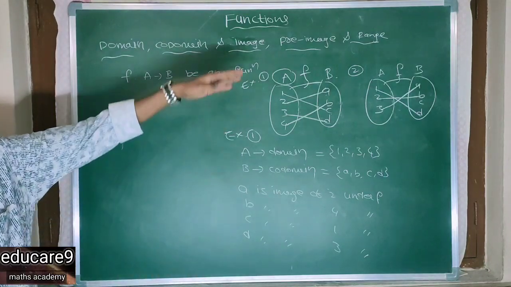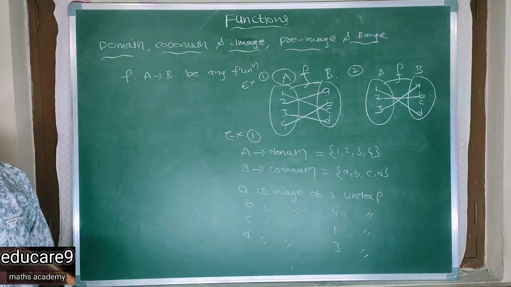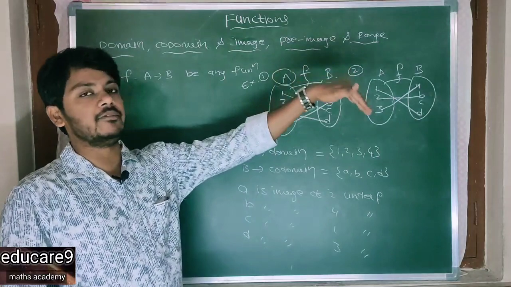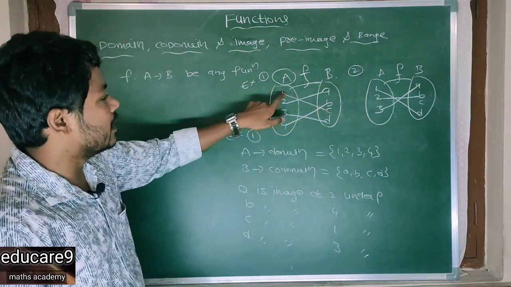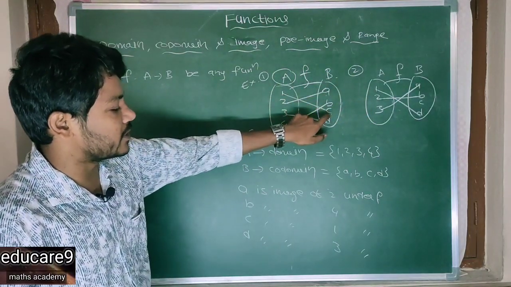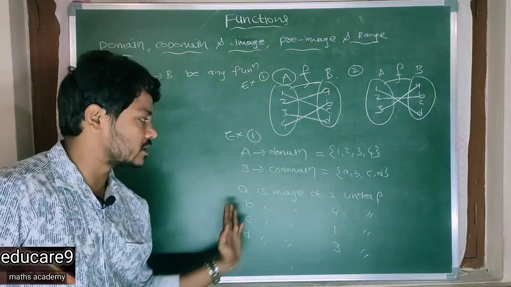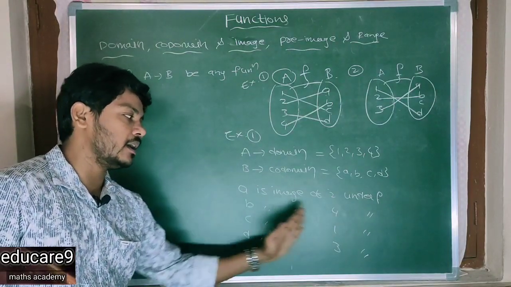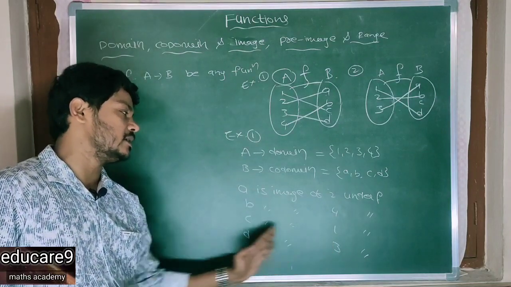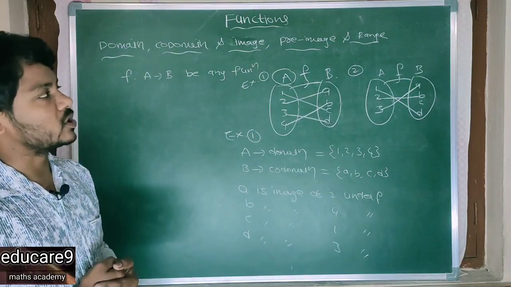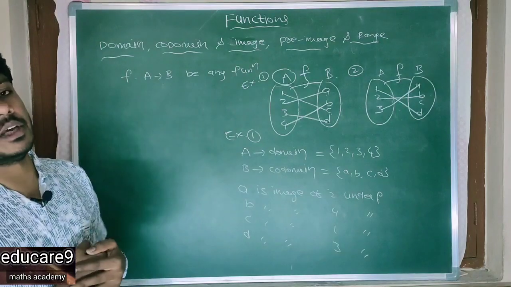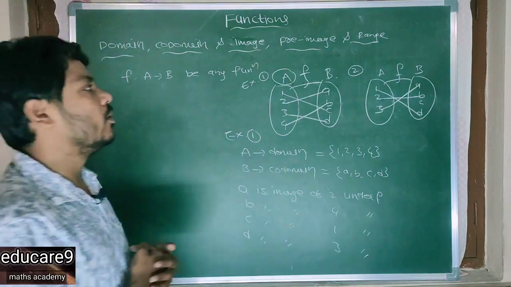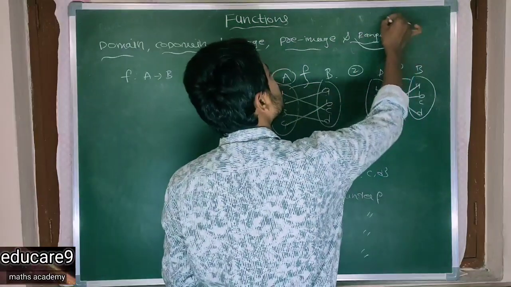Now what are the pre-images? Pre-image means, let f from A to B be any function. Then clearly 1 is the pre-image of C. So reverse: 2 is the pre-image of A, 4 is the pre-image of B, 1 is the pre-image of C, and 3 is the pre-image of D. So these are the definitions of image and pre-image. Now range.